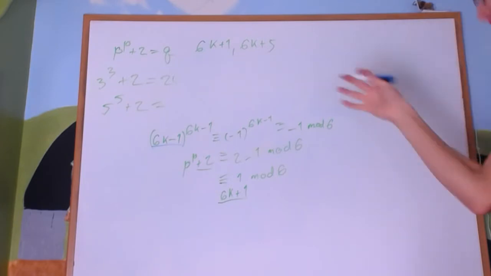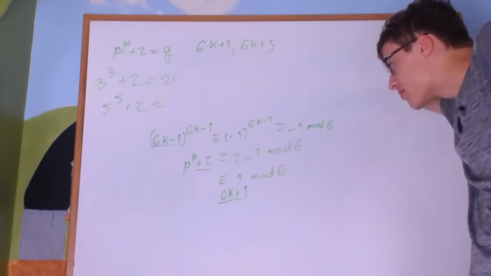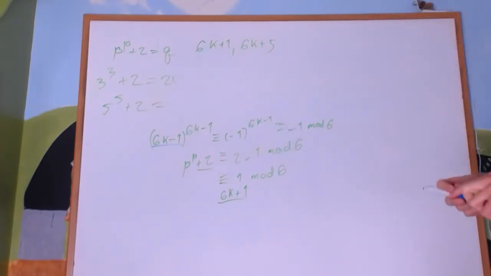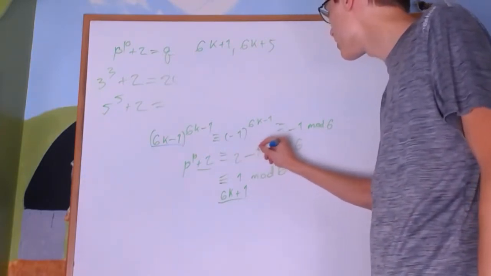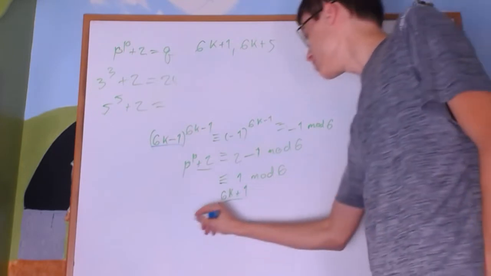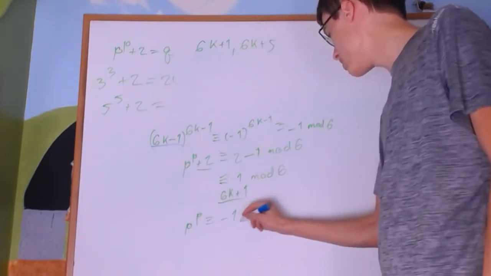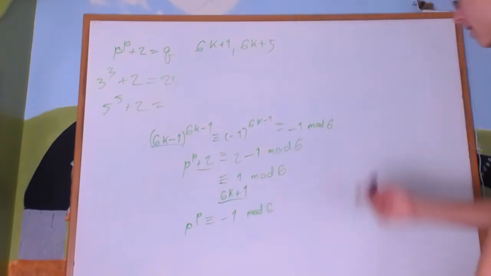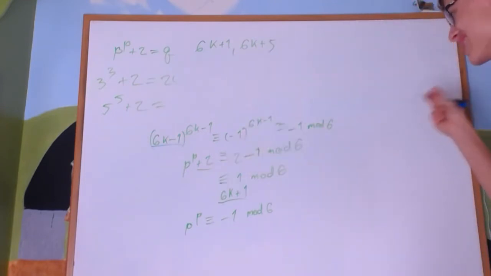The addition of 2. So this seems related to the twin prime conjecture a little bit, very loosely, because you have p to the p, which is congruent to -1 mod 6, which could also be a prime. And when you add 2, you're determining whether or not that is a prime.